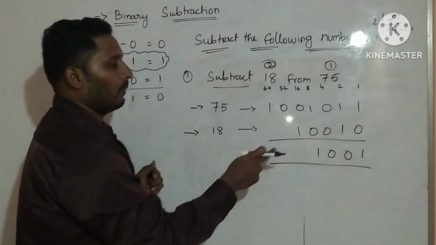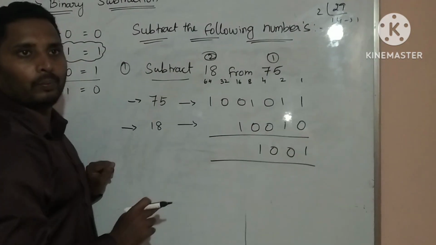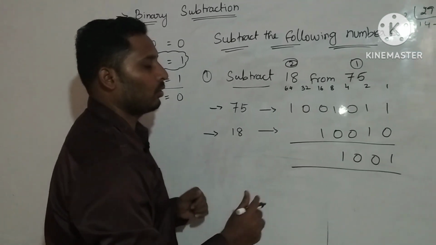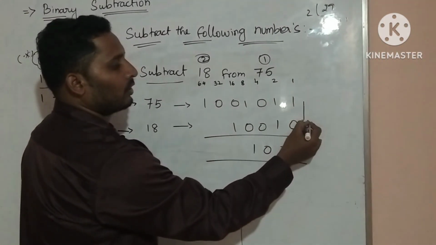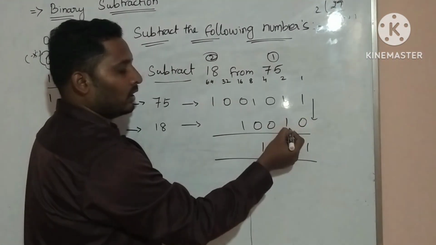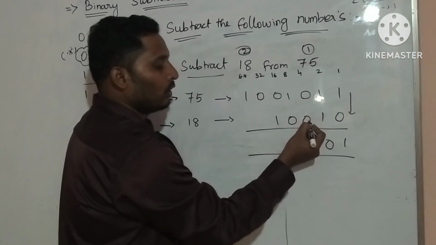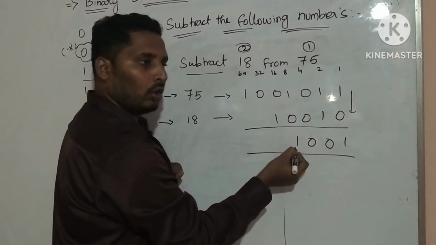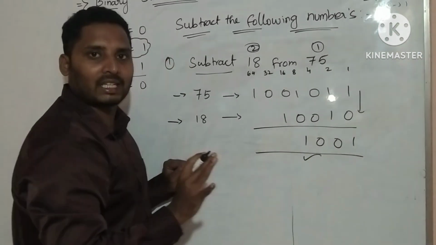For 18 will come 10010. We are going to do small normal subtractions. So 1 minus 0 is equal to 1, 1 minus 1 is equal to 0, 0 minus 0 is equal to 0, 1 minus 0 is equal to 1. Till here everything is correct, right?